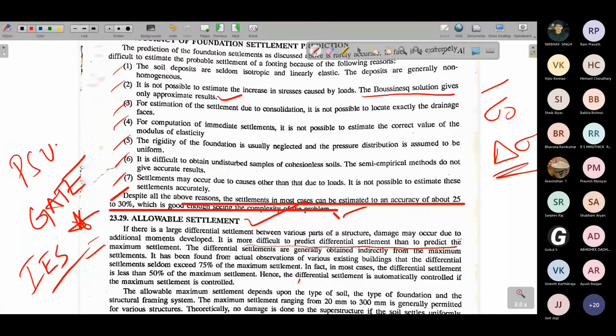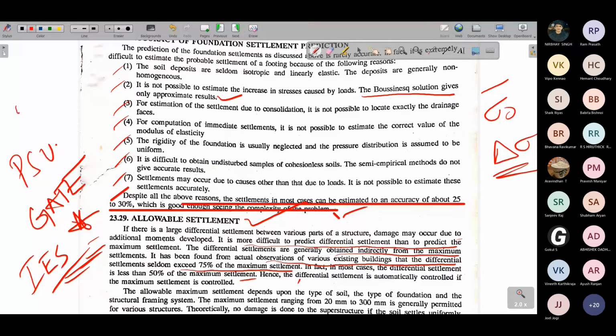The differential settlements are generally obtained indirectly from the maximum settlement. It has been found from actual observation of various existing buildings that differential settlement seldom exceeds 75% of the maximum settlement. In fact, in most cases, differential settlement is less than 50% of the maximum.